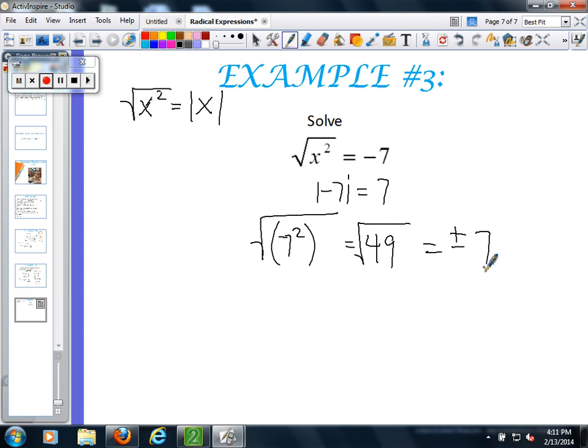So x can actually equal negative 7, or it can be positive 7. So your answer is that x would equal plus or minus 7. I apologize.